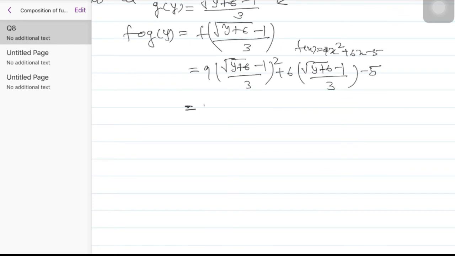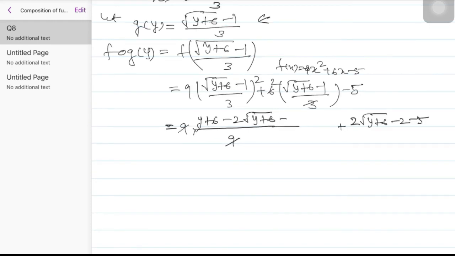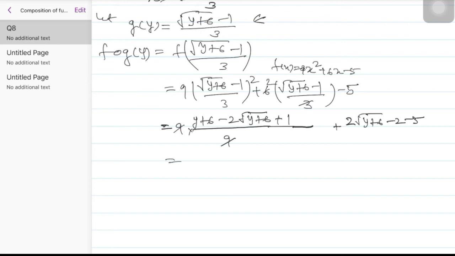Now it will become 9, the denominator will become 9. Using a square minus 2ab plus b square, we get y plus 6 minus 2 times the square root of y plus 6, plus 1. This should be plus 1. Now we'll get y plus 7.